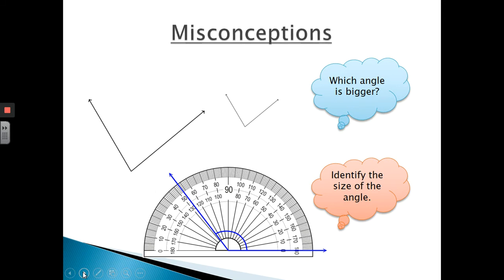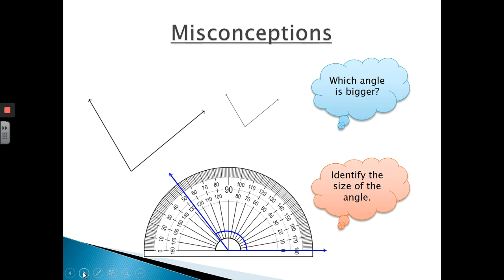So if a child said that angle is 3 degrees, what misconception do you think they might have? So really need to be careful to think about maintaining the idea that an angle is still a turn and it starts from 0.